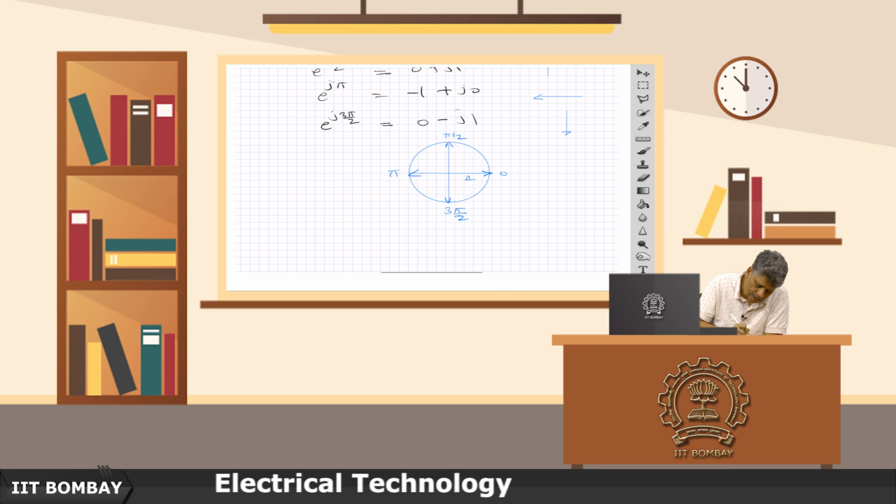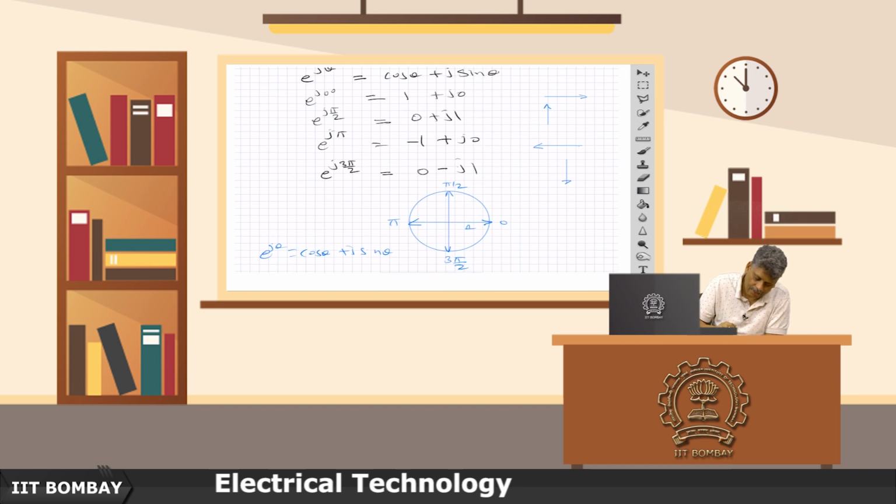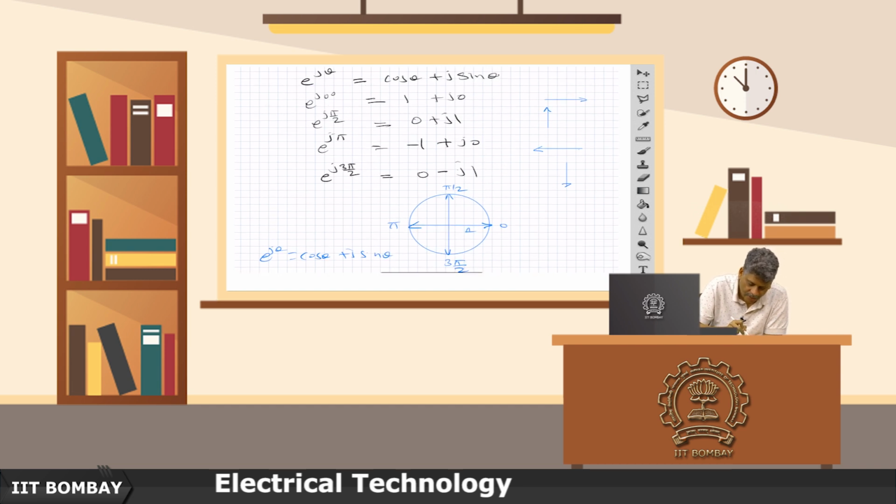Now, if you look at e to the power j theta, it is cos theta plus j sin theta, and this is my interpretation that the j operator is nothing but the 90 degrees rotation operator. So, the j operator basically means rotate everything by 90 degrees.